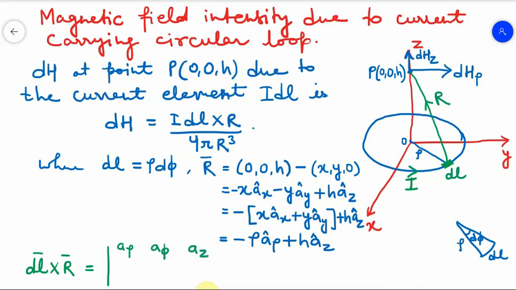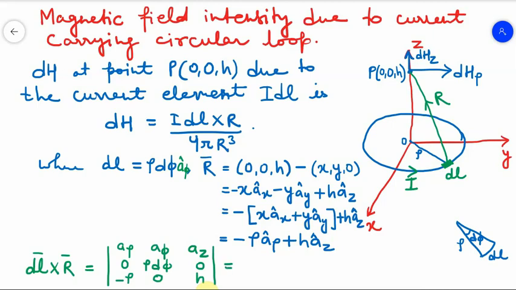So what is the dl vector? It is rho d phi, and the direction will be along a phi. The remaining terms are 0, so 0, rho d phi, and 0. Now the cross r vector: along rho it is minus rho, along z it is h, and along a phi there is no component, so 0.